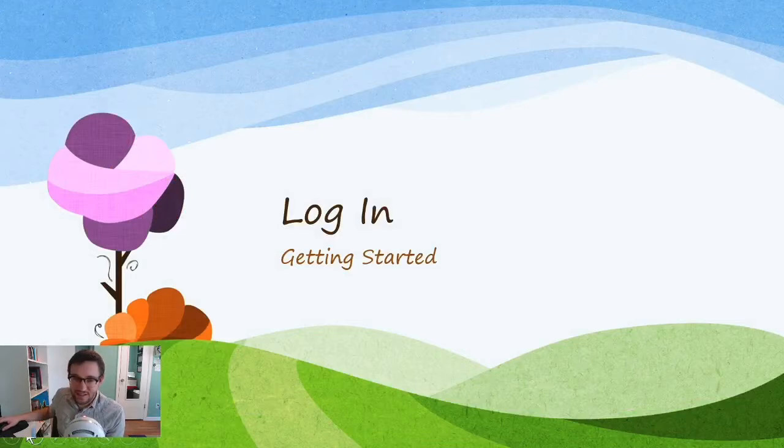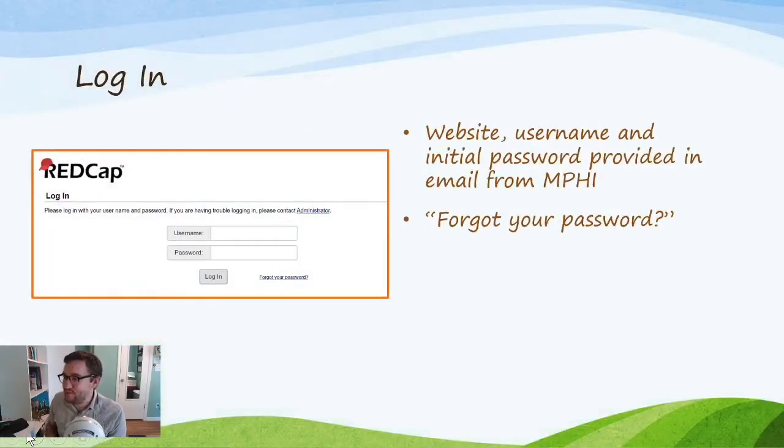Logging in, of course, is your first step, and it's a pretty simple step, fortunately. When you get to the REDCap site, which is chc.mphi.org, you'll be prompted for your username and password. That username and password will be provided to you in an email from MPHI so that you can log in for the first time.